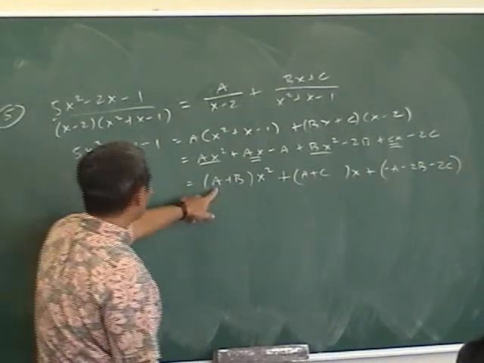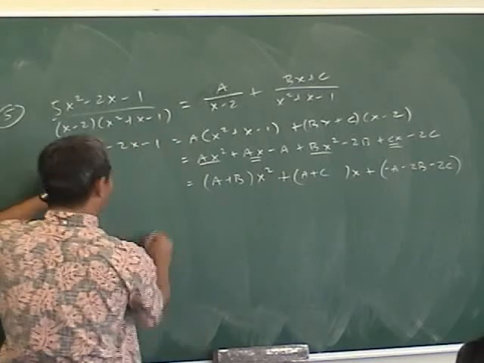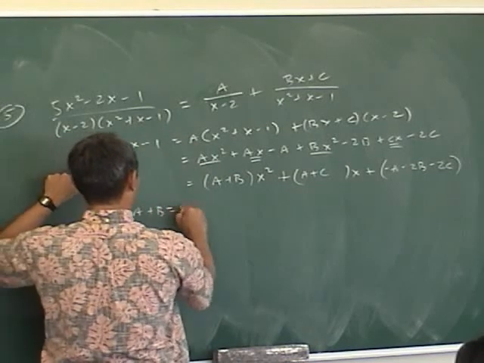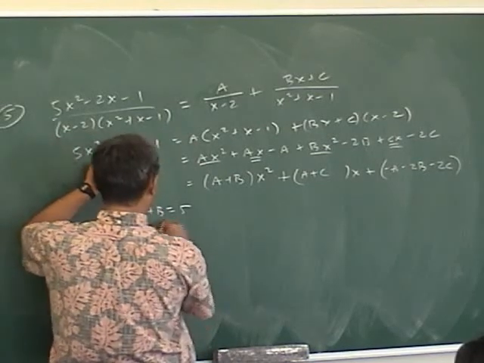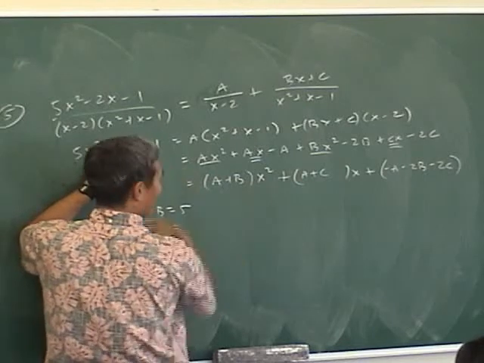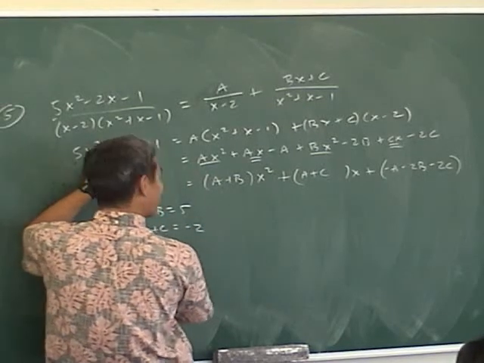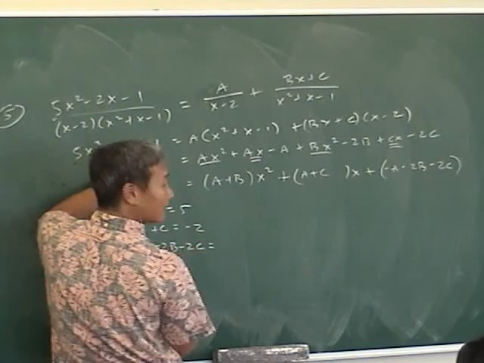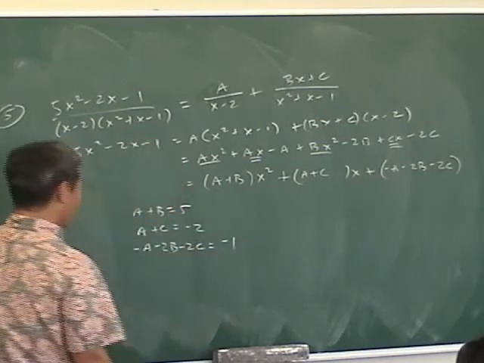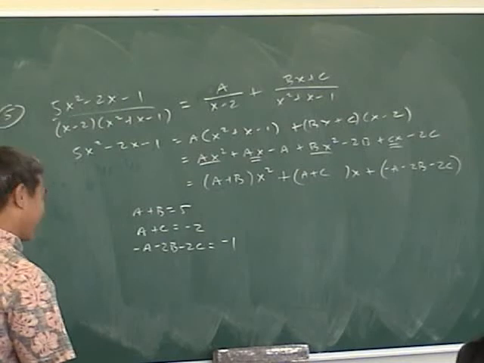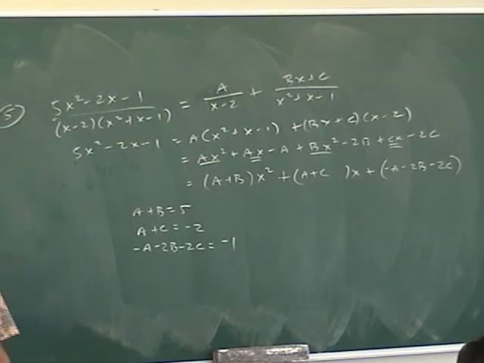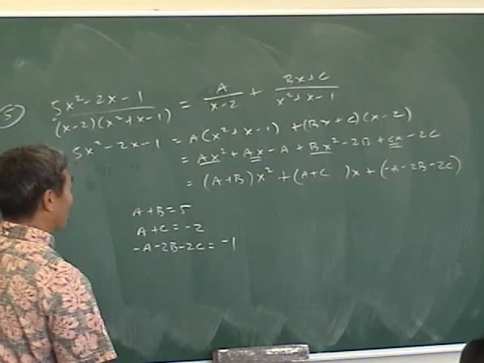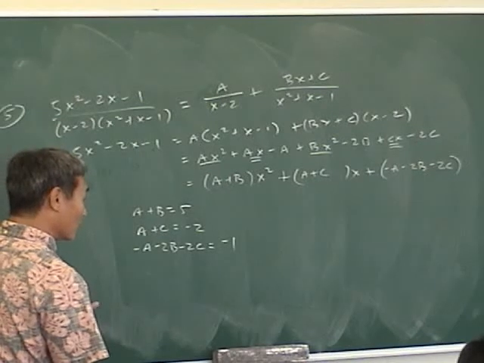So if you equate the coefficients, a plus b got to equal 5, right? A plus c got to equal negative 2. And negative a minus 2b minus 2c got to equal negative 1. Yo, Mr. Park, I don't want to solve 3 equations, 3 variables. Okay, don't then. That's why you can use a combination of the two.